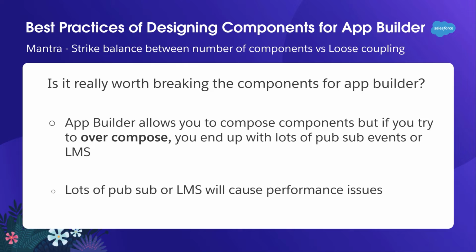Similarly, if you do not modularize and build everything as a monolith, the code is hard to maintain. So it's always about striking a balance between the number of components you want on an app page and the number of components you want to loosely couple. As long as you strike a balance between them, you should achieve optimized performance of your app page.